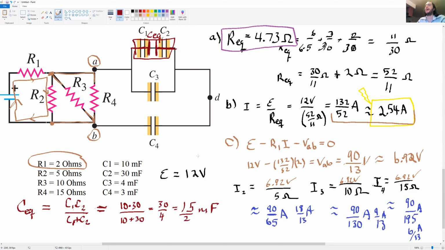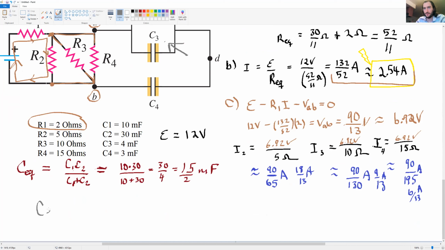So now we have a CEQ, which is in parallel with C3. So this capacitor is in parallel with this capacitor here, and so we can add them up. Maybe we want to call this CEQ 1,2, with subscript 1, 2 there.